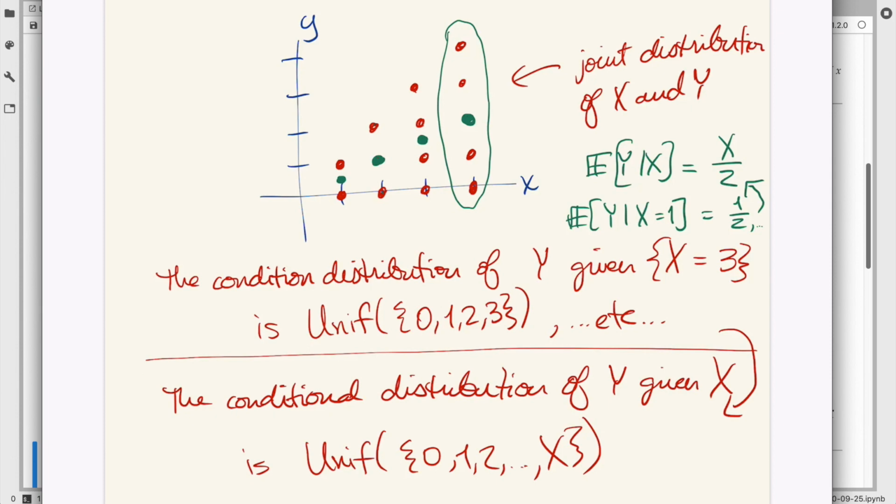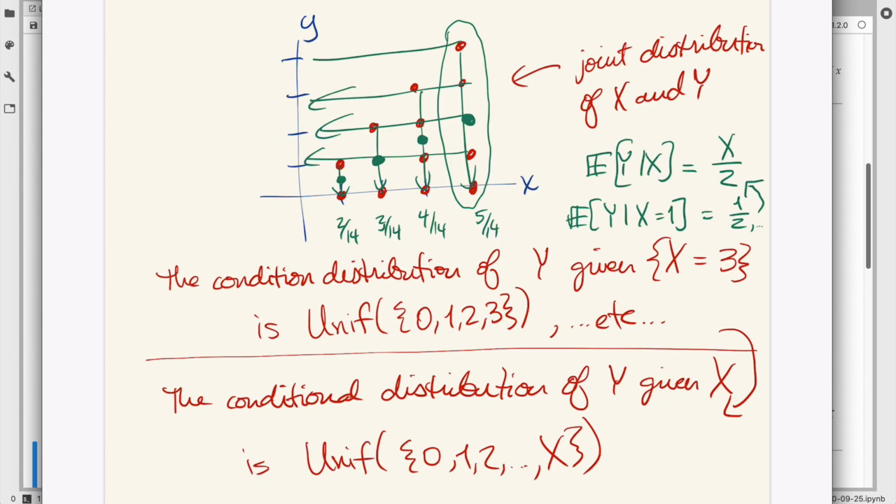So the probability that capital X is equal to 4 is 5/14, and likewise for the other values. So if we take all the probability mass and we smash it down to the x-axis, then we're getting the distribution of x. Likewise, if we wanted, we could sum up all the probability mass in the horizontal direction and get the distribution of y.